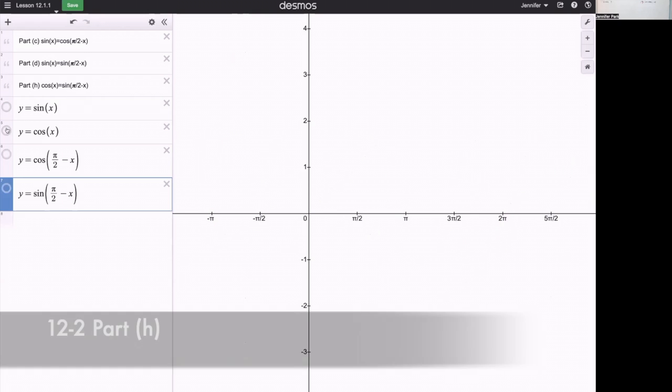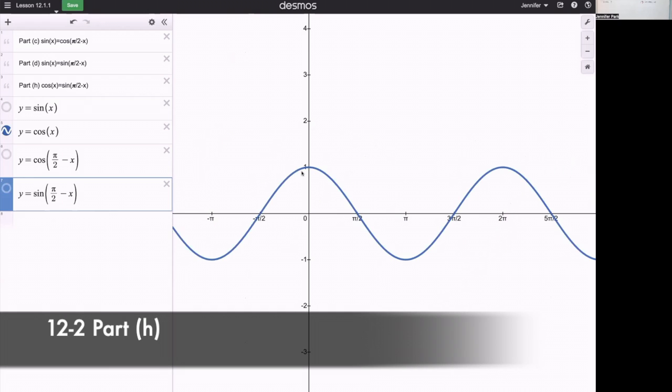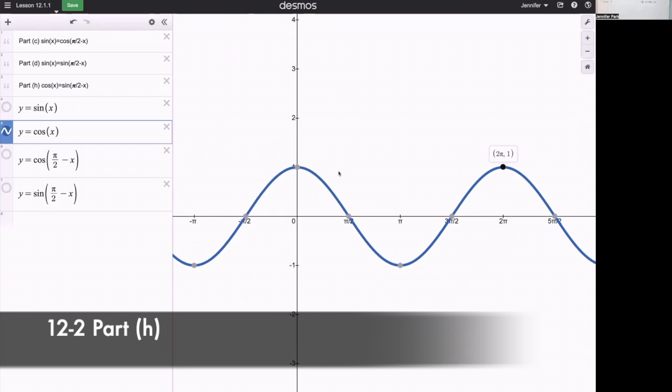Then H, this is a cosine graph, right? Cosine is high, mid, low, mid, high. So this is your cosine graph. Then I'm going to graph sine of pi over 2 minus x to see what it would look like. And again, this one is exactly the same.